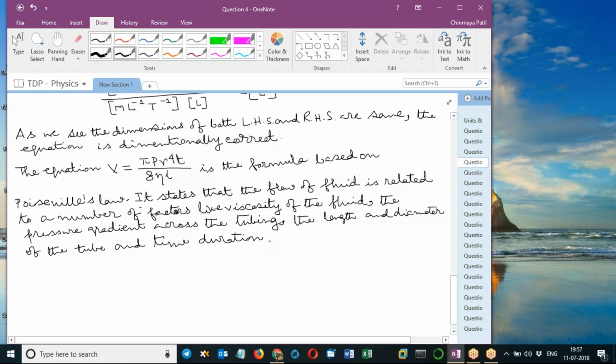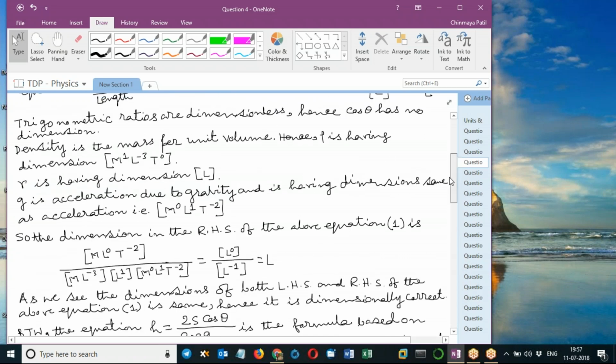Correct. All these things we'll discuss in detail during the study of mechanical properties of fluids.